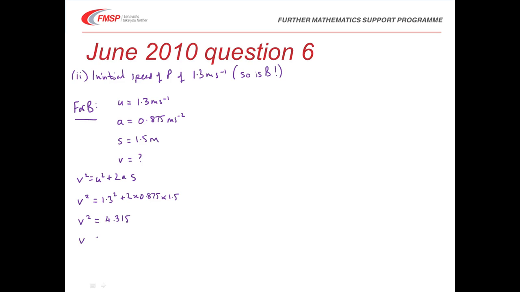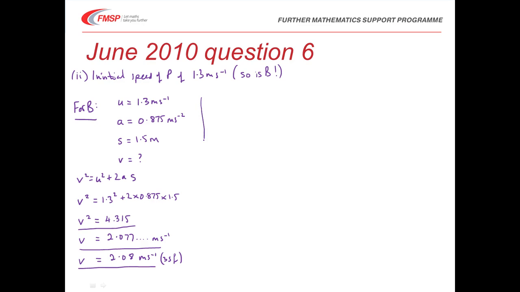Now I want to know the speed, so I'll write it down, and it's 2.077 etc. meters per second. But actually, although I might in the question write that down as perhaps 2.08 meters per second to 3 significant figures, the exact value is the square root of 4.315, and that's what I'm going to use later on. So actually this line is the one I'm going to come back to.